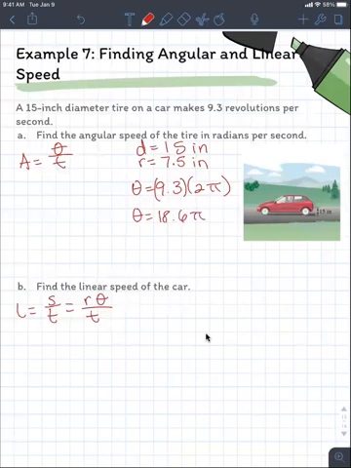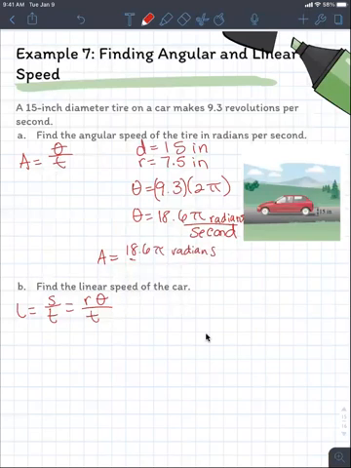And then we can plug that into our question. Notice that in our question, we already were given the time, right? So this is already radians per second. So we've actually already found our angular speed. 18.6 pi radians per second.